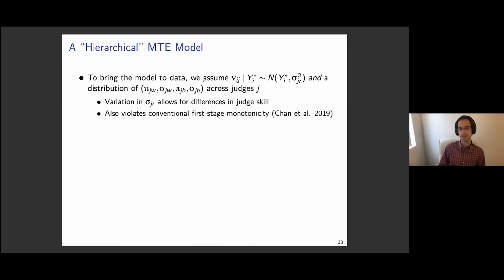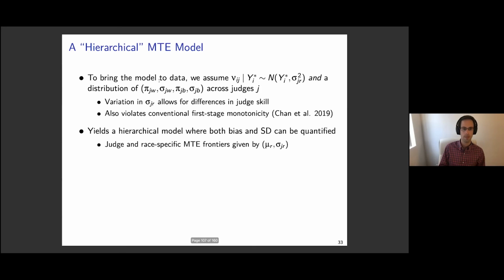It's going to violate conventional first stage monotonicity, but I'm not going to focus on that now because I do want to leave some time for questions. This structure is relatively strong, but it yields a model in which we can disentangle bias from statistical discrimination and quantify those in terms of how much they generate differences in release rates.